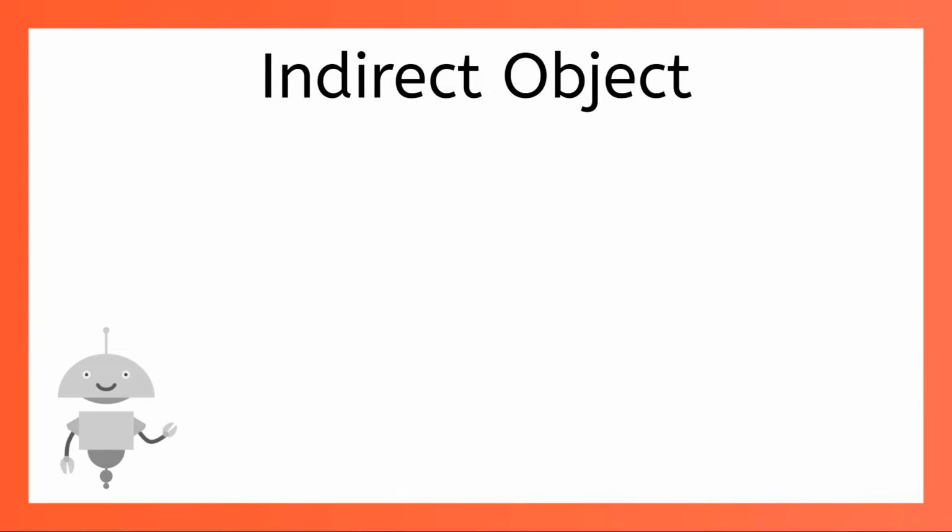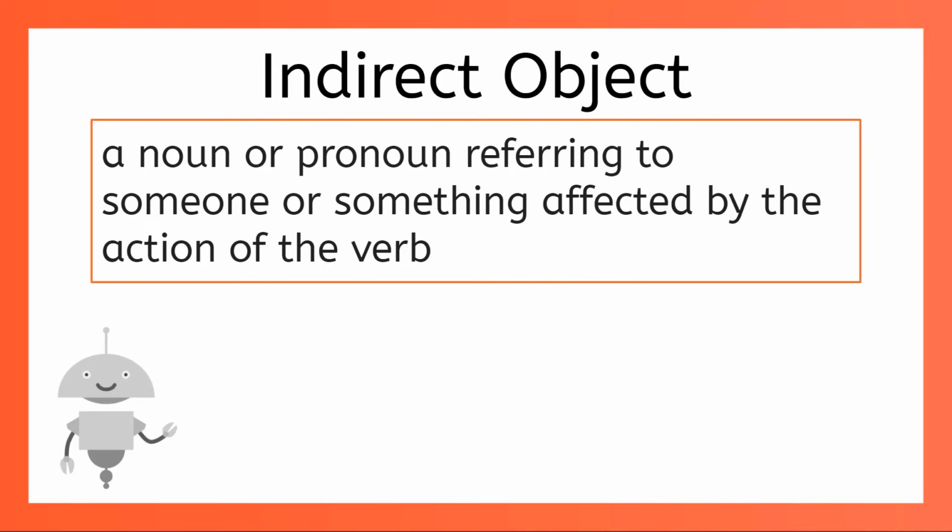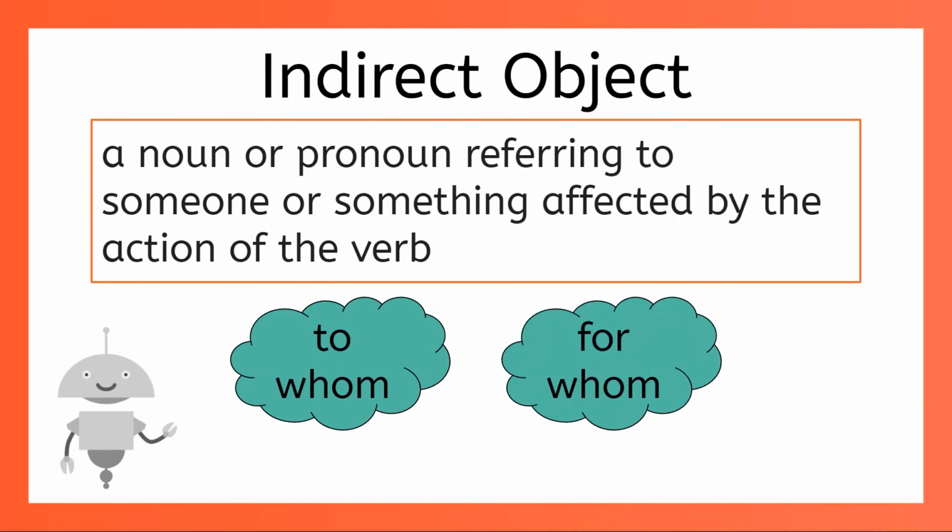And our third and final object is the indirect object, which is a noun or pronoun referring to someone or something affected by the action verb. Not every sentence has an object, but in sentences that have a direct object, you might also find an indirect object if you spot someone to whom or for whom the action was done.